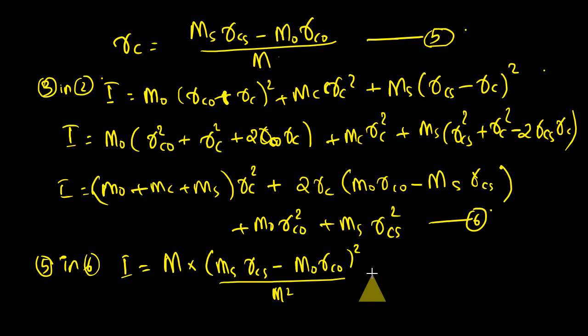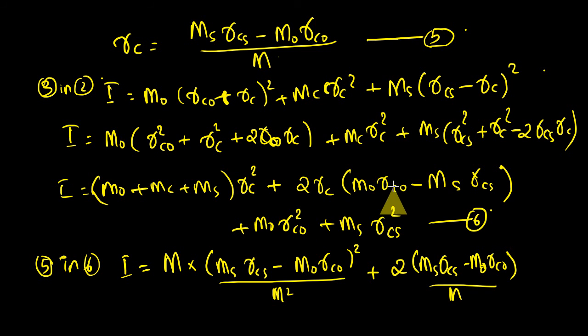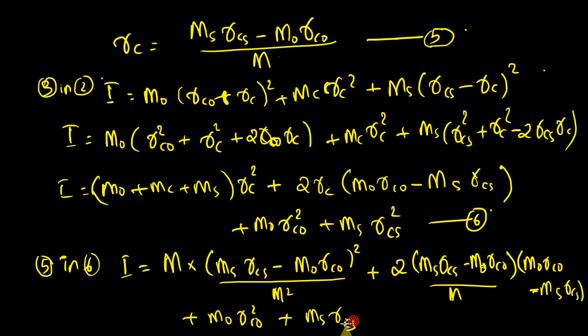Okay, plus 2 into R_C. R_C is equal to M_S R_CS minus M_O R_CO divided by M, into M_O R_CO minus M_S R_CS, then plus M_O R_CO square plus M_S R_CS square.